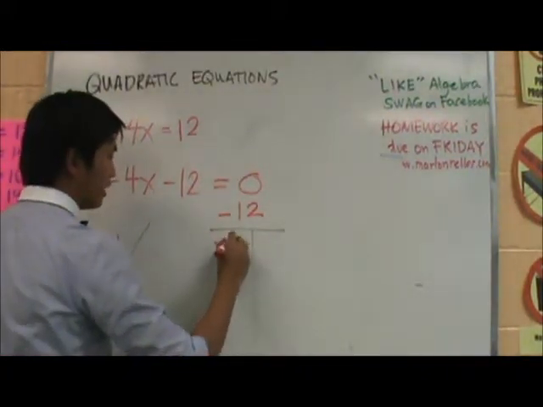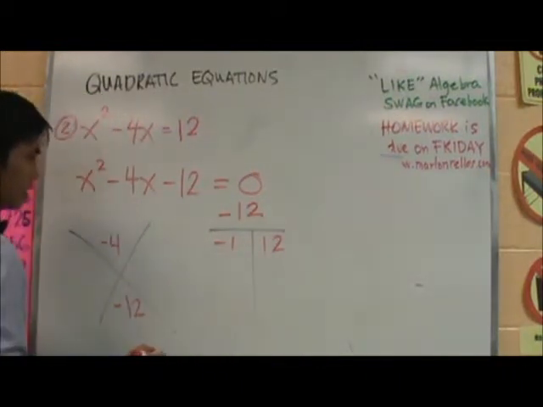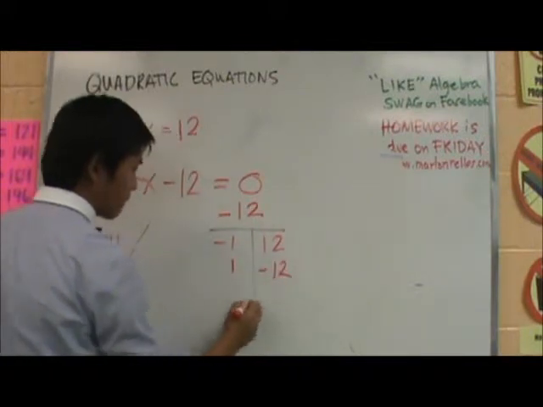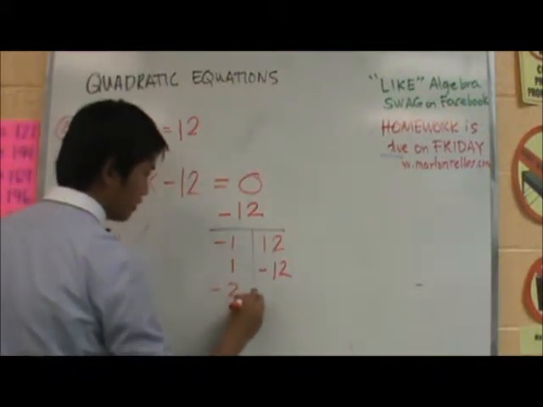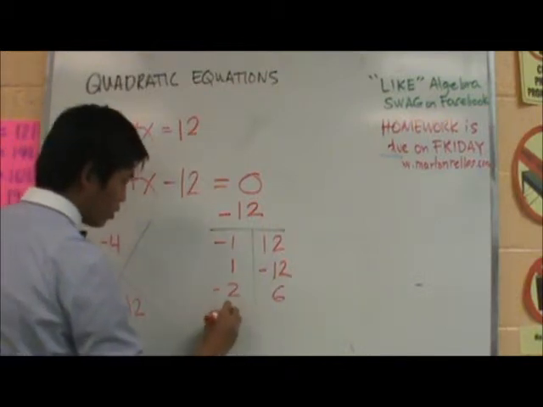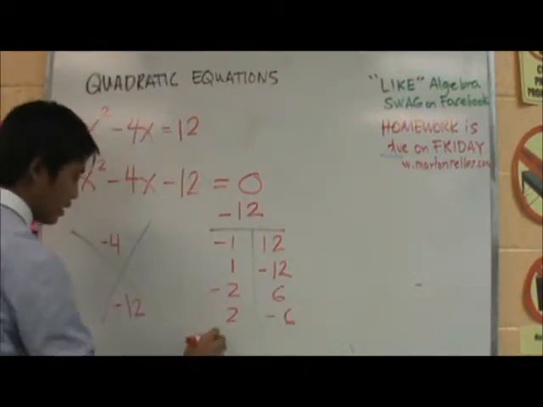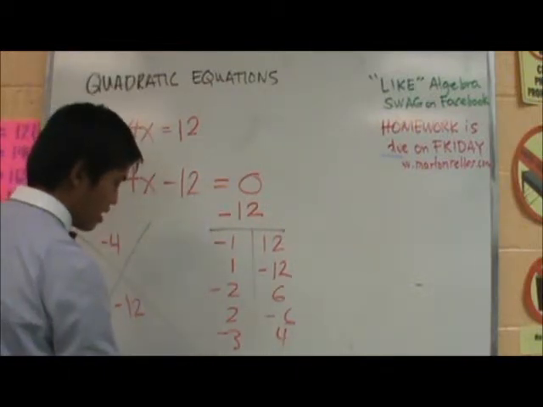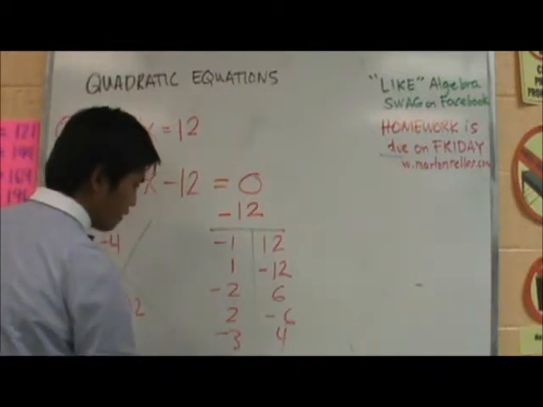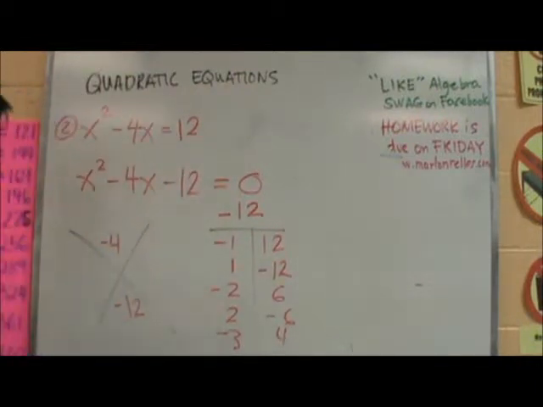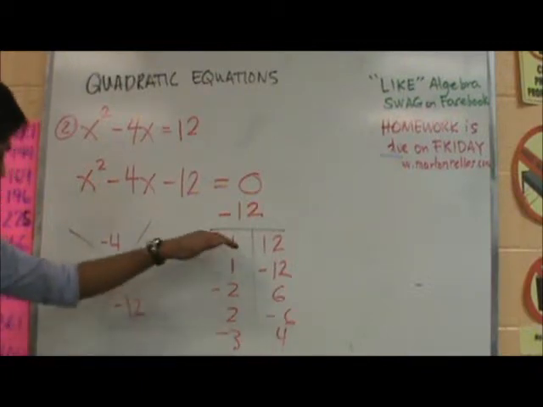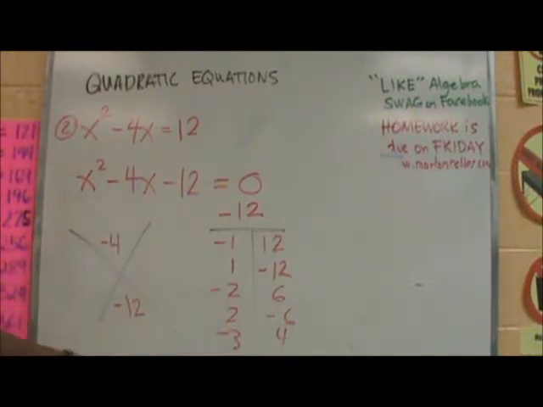So here we got -1 and 12. Or we can say we have +1 and the 12 is negative. How about -2 and 6? Or 2 and -6? -3 and 4, and 3 and -4. There you go. Now let's identify the one pair, or two factors, that is going to give us -4 when we add them.